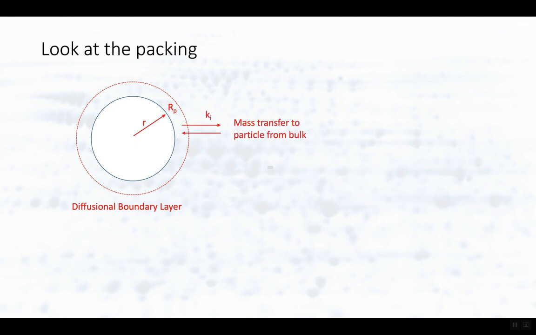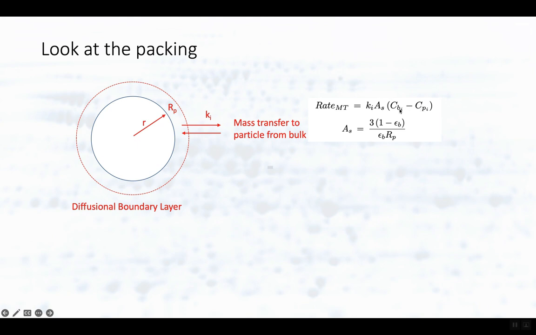There's mass transport through the boundary layer from the bulk to the surface. Okay, the rate for that is the mass transport coefficient times the area of the particle. Now, if we think about the whole cross section, then it's the area that's in contact with the liquid, so to speak, in the cross section.